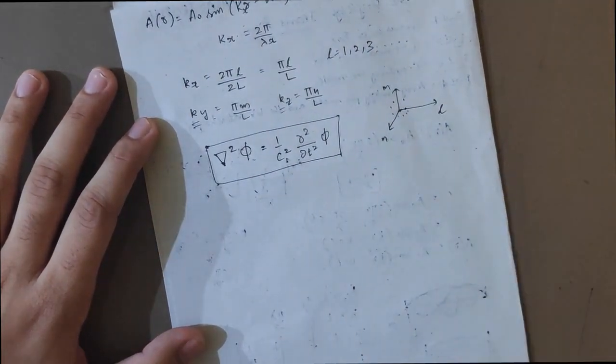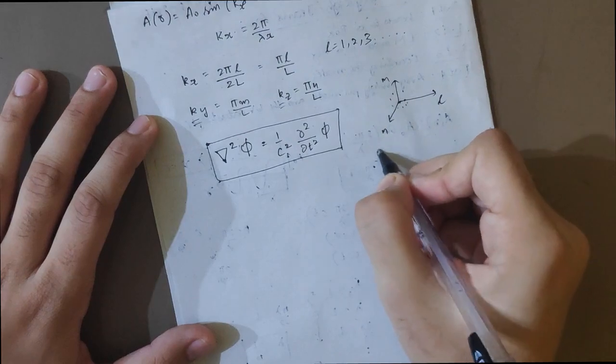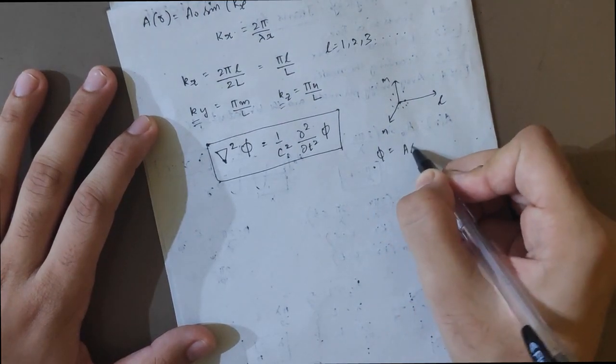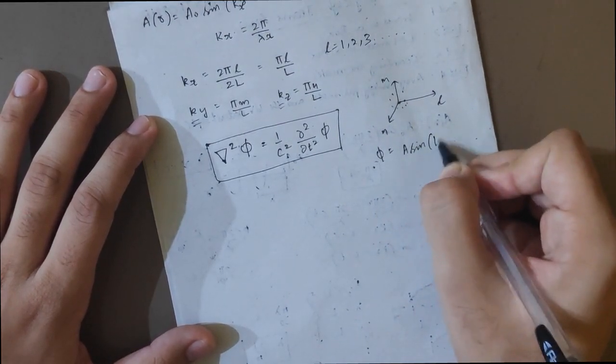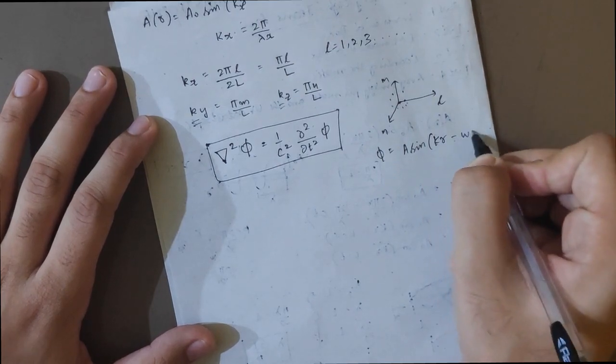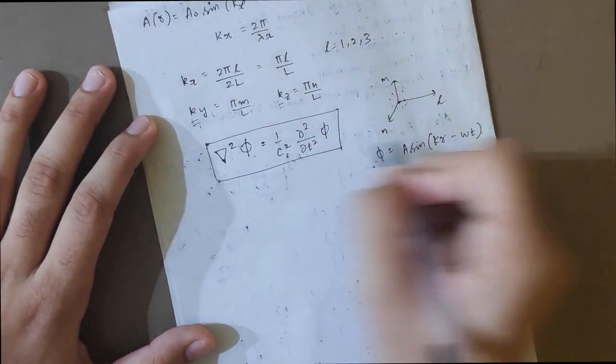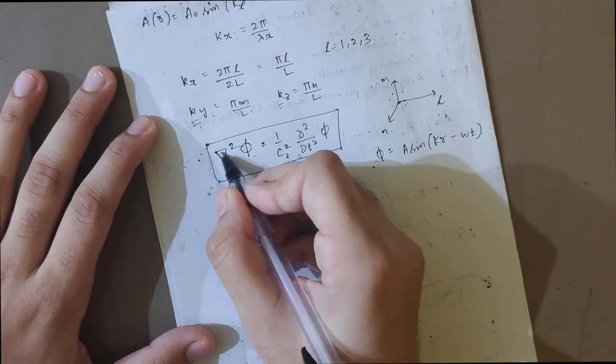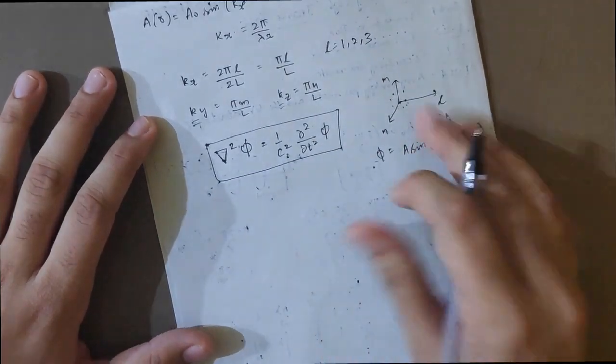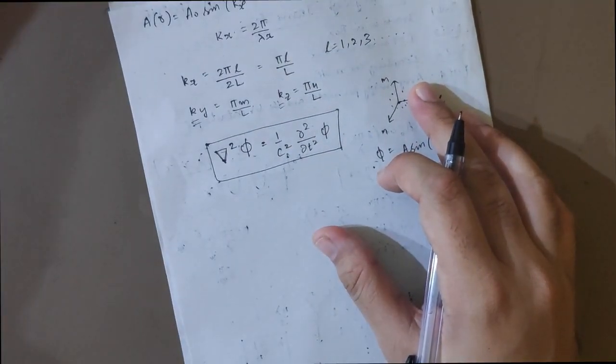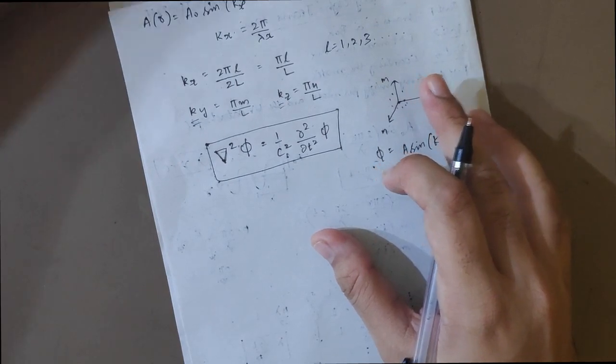So if I consider my phi to be sine of (kr minus omega t), and if I perform the Laplacian and the partial derivative with respect to time twice, then this condition must be satisfied.